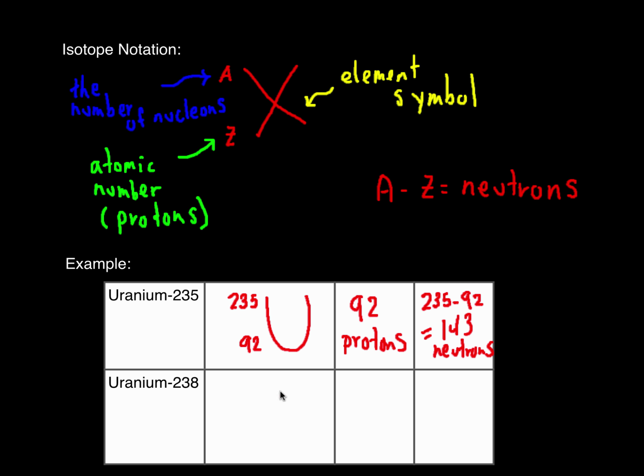This has the symbol U. Still 92 because the atomic number for uranium cannot change. But the number of nucleons in uranium-238 is 238. So we still have 92 protons. But now we have 238 minus 92 neutrons, which is 146 neutrons.